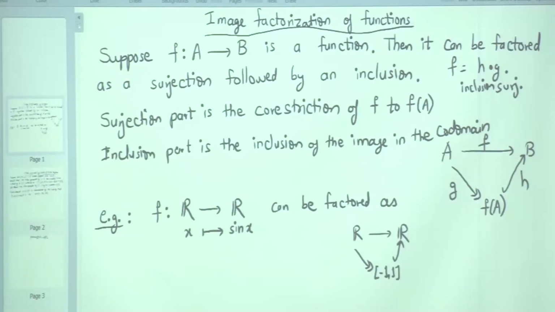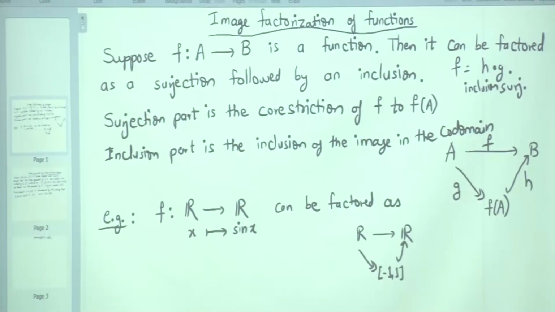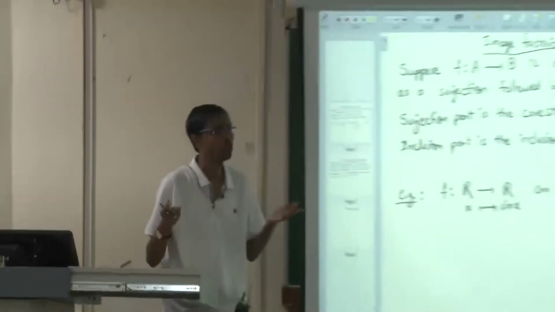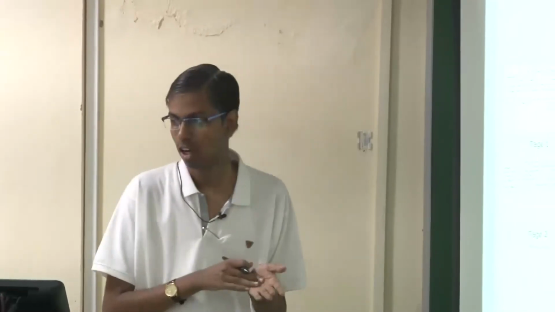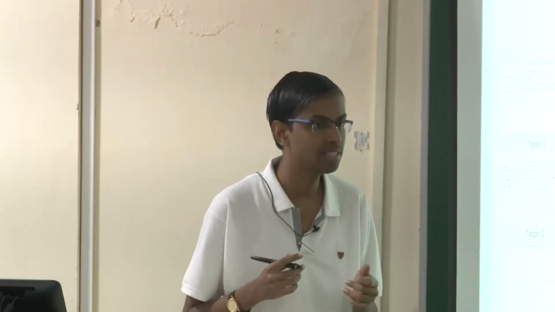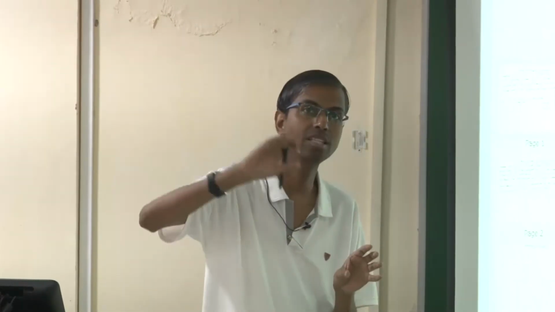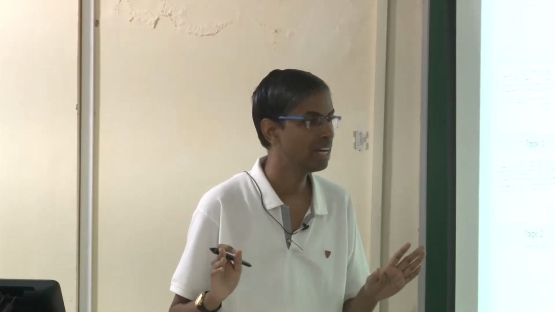Making it as small as possible means we land inside the image. So A to f(A), what is the rule g? x maps to f(x), it doesn't change. So this is the co-restriction of our original map f, and the inclusion part is inclusion of the image inside the codomain. That's all. Very simple thing.